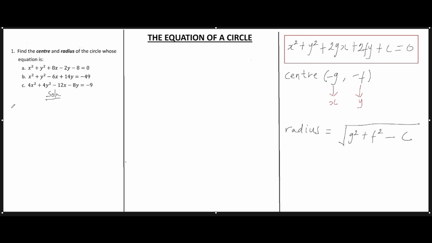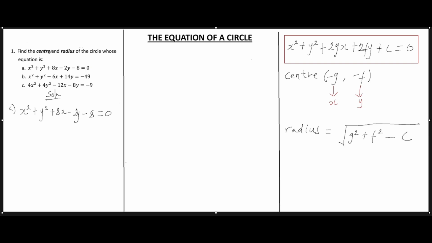equation. That is circle A. So with circle A, we have x squared plus y squared plus 8x minus 2y minus 8 being equal to 0. Remember, our goal here is to find the center and the radius of this particular circle.